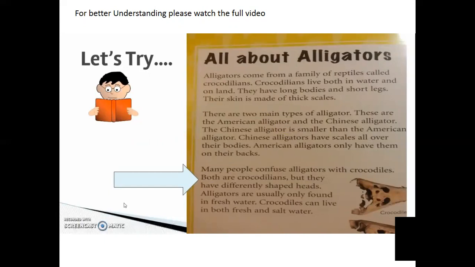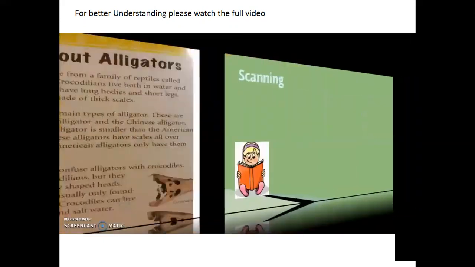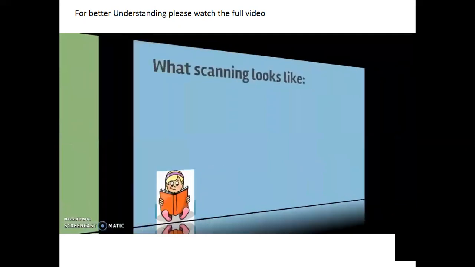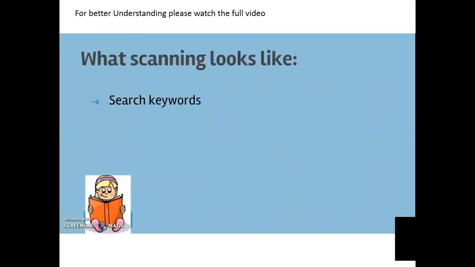Scanning is a little different than skimming. When you are scanning, you are rapidly moving your eyes over text to locate a specific detail, and you already know what you want to look for. When you need to scan, you are searching for or reading keywords.